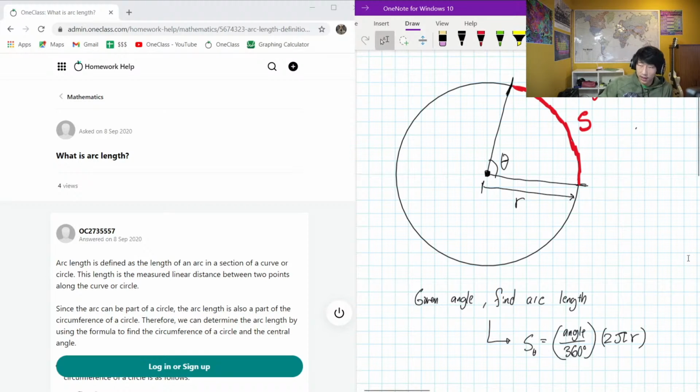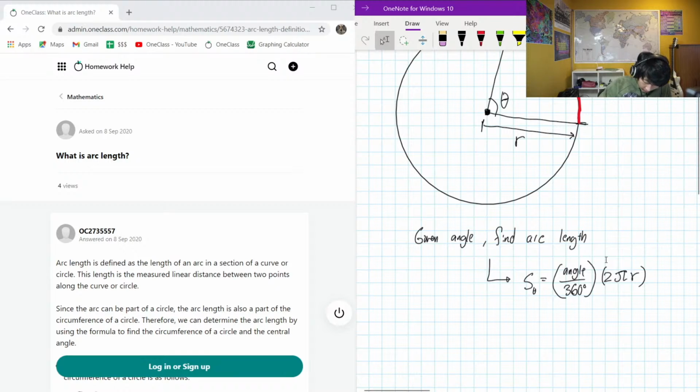The reason why this works is, this first term is the percentage of the full circle, and this here is the circumference.